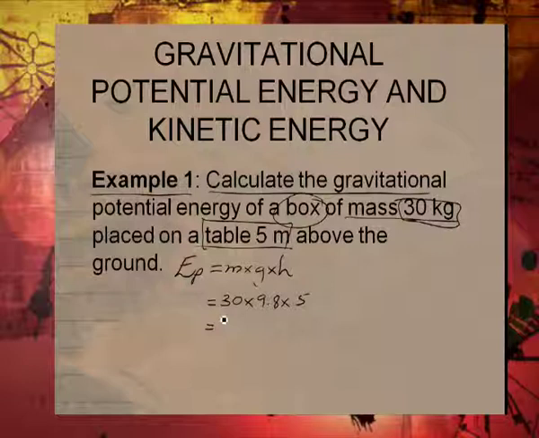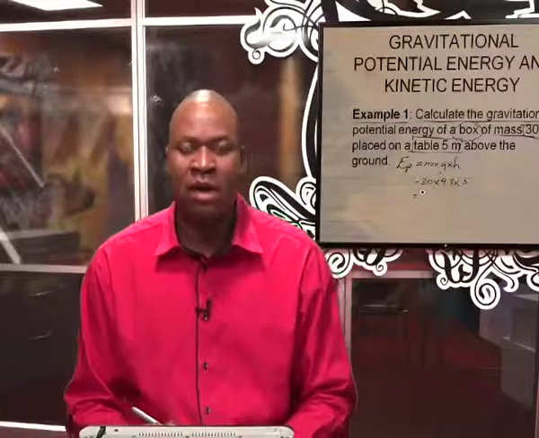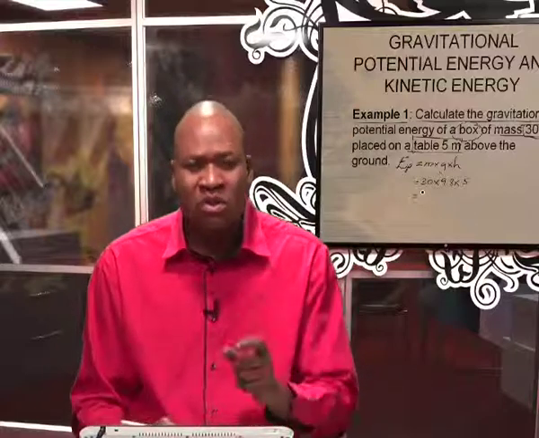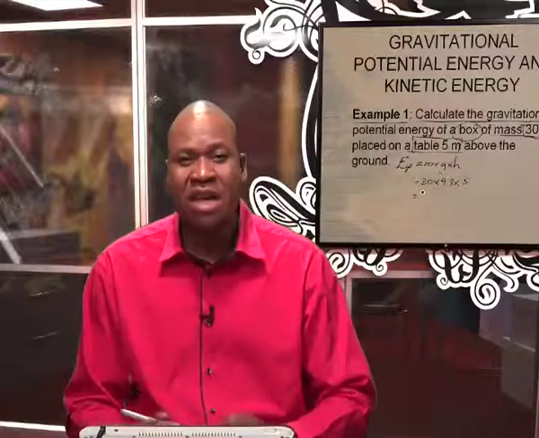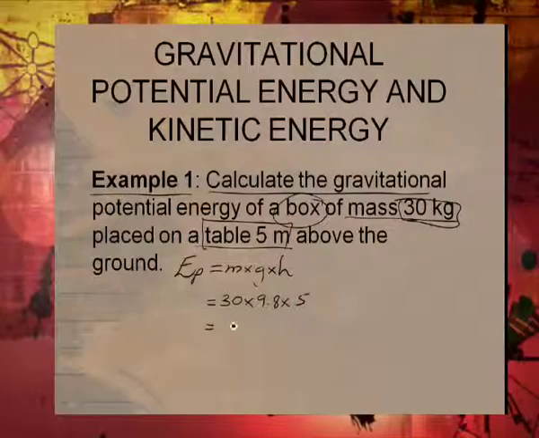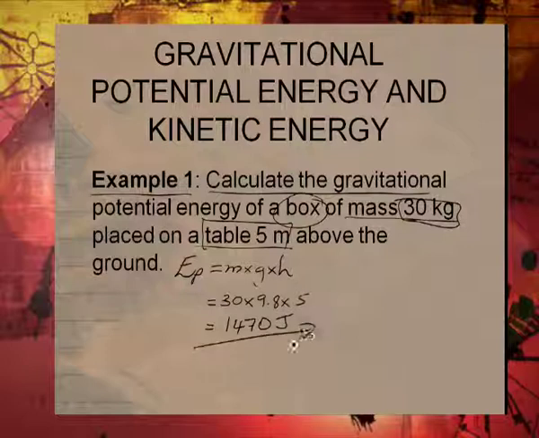I hope you are actually calculating with me, having your calculators with you as we work here, because that is the way you learn, that's the way you get used to using your calculator as well, and also gaining your confidence in doing this sort of calculation. This gives me 1,470 joules. Energy is measured in joules, and the symbol is capital letter J.